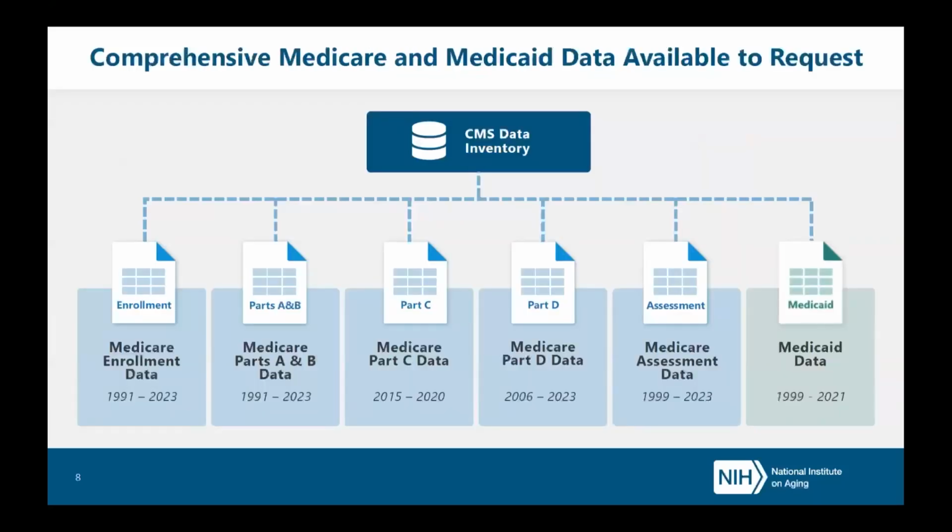Our comprehensive CMS data inventory includes Medicare enrollment data, Parts A, B, C, and D claims data, CMS assessment data, which includes MDS, OASIS, and IRF-PAI, and we also offer access to Medicaid data.